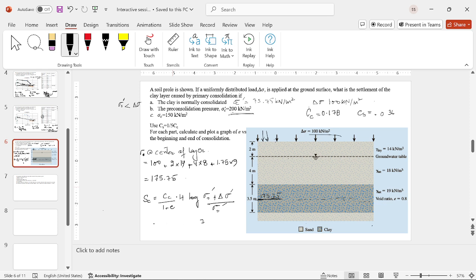So this will be 0.178 over 1 plus E, E is 0.8, 0.8 into H, H is 3.5, and this is sand, which means that it has double drainage. This will be H by 2.